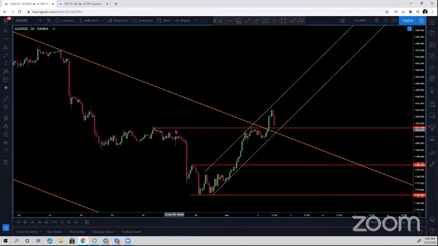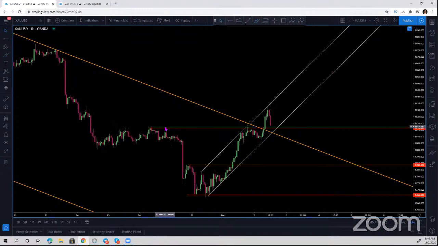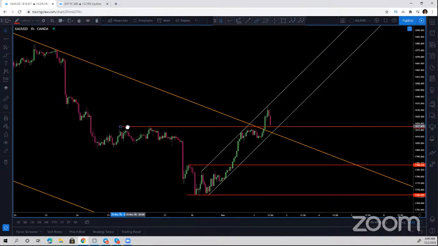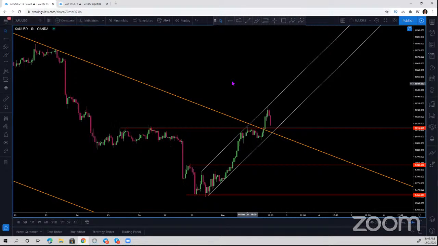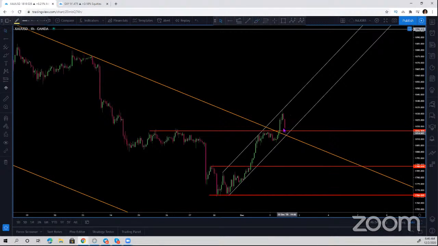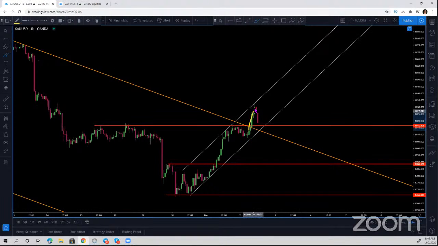The thing about this level is that if price retests this level, it will probably also retest the white structure, right? And if it doesn't break with the white structure, right here at this point, it would be a great opportunity to buy into this dip.